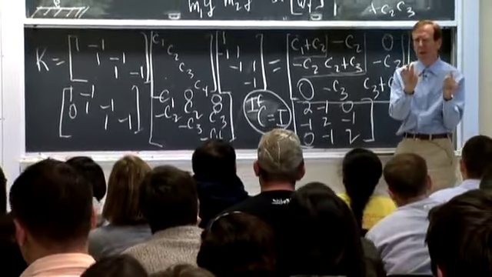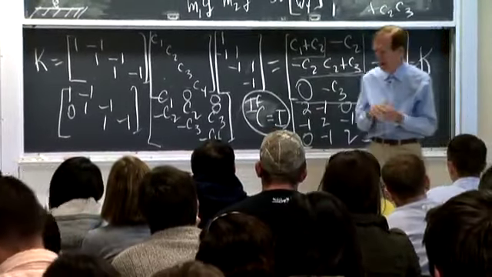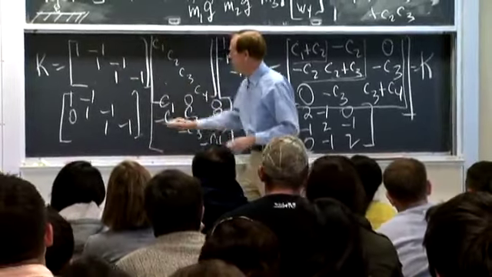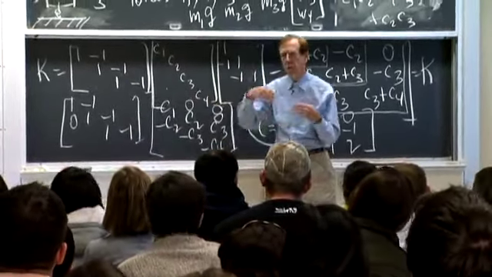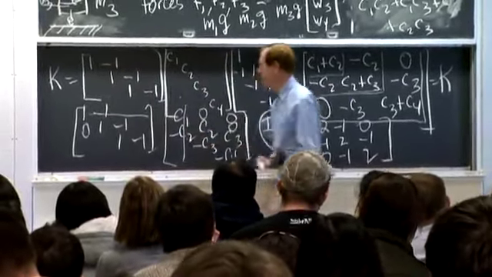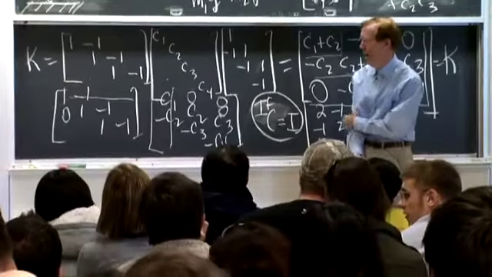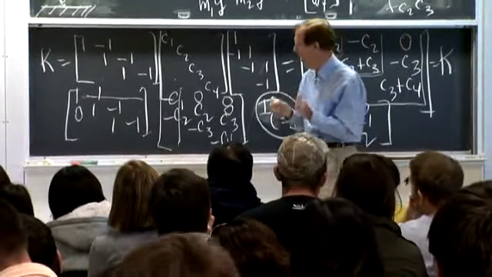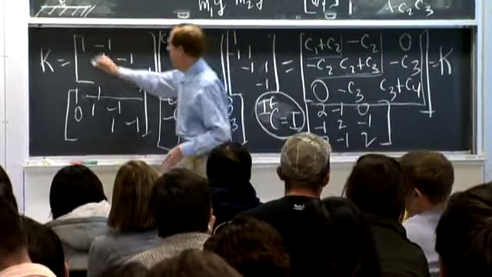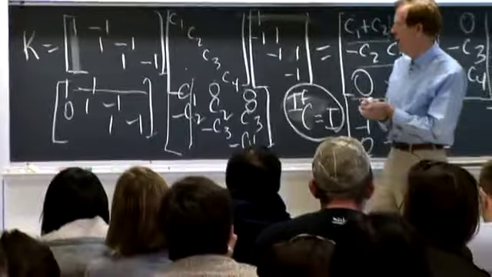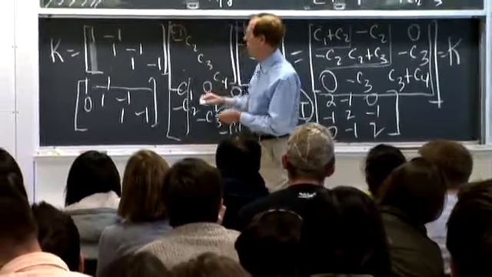Can I just show you another way? I did this multiplication by rows times columns. That's the usual way. But in finite elements, often the right way is the opposite: columns times rows.